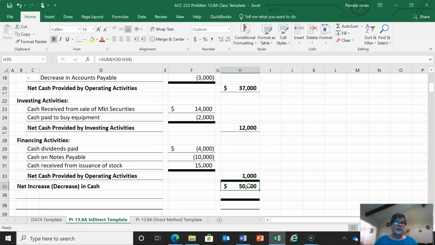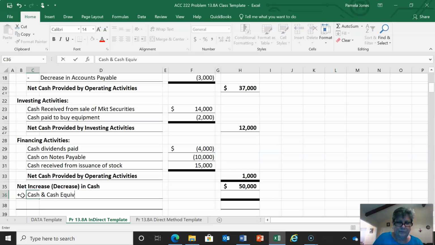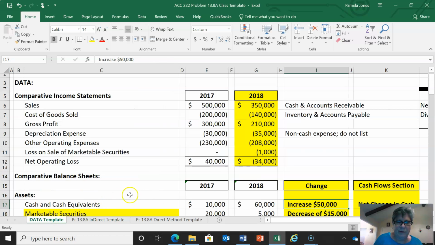Now, the next thing that we need to do, I have confirmed, I've explained my change. Now we need to show the investing and creditor public who read the financials that I have explained the change in beginning to ending cash. So to do that, to my net increase, I add my cash and cash equivalents at the beginning of the year. And it may ask you for a date, so that would be January 1, 2018. I pull that from the comparative balance sheet, and there it is down there at the bottom.